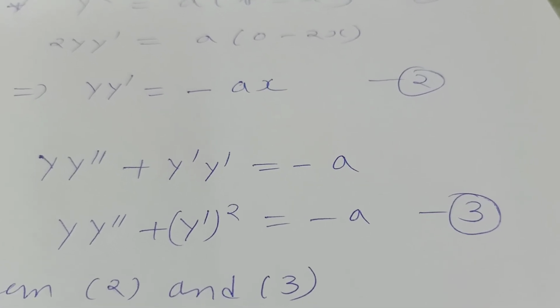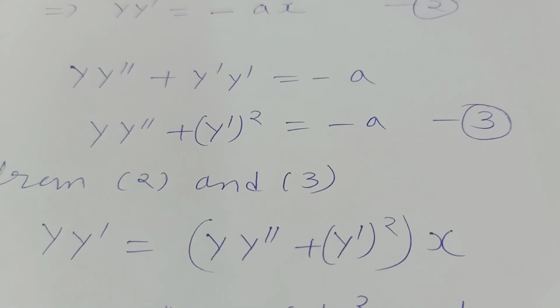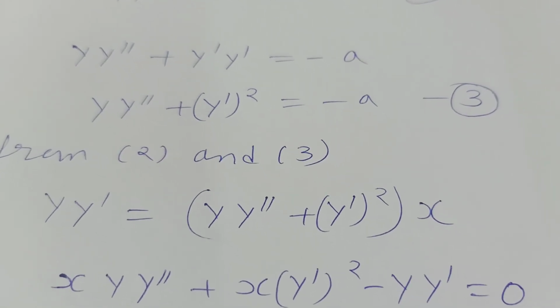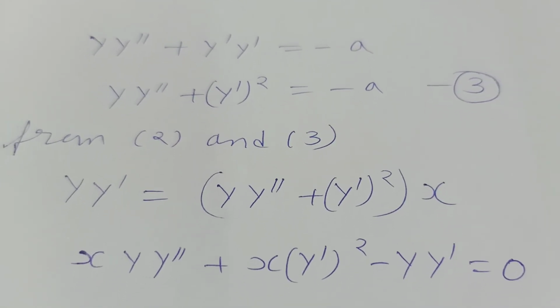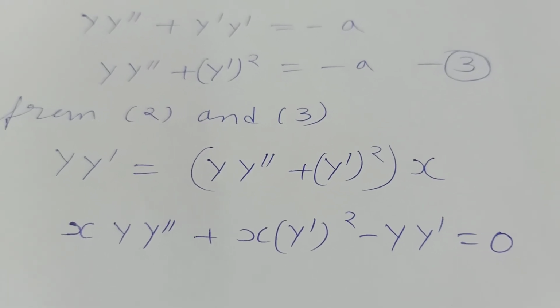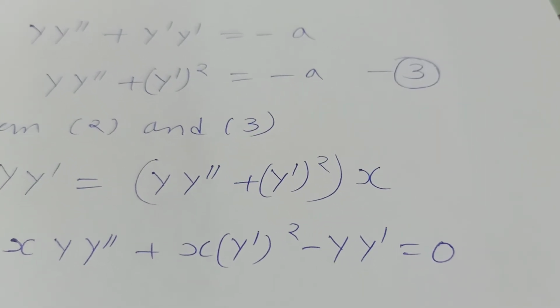From 2 and 3 we will eliminate minus a, so we will get a relation independent of a and b, that is y y dash equal to (y y double dash plus y dash square) into x. After arrangement we will get x y y double dash plus x y dash square minus y y dash equal to 0. This is our required differential equation.